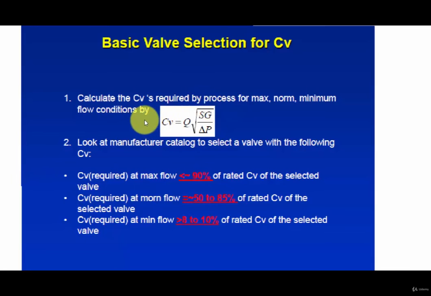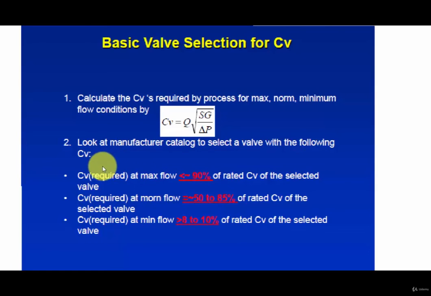Now with these 3 CVs, we should go look at the manufacturer catalog to select a valve with the following CV requirements. So this is in the manual selection. If it is a software selection, it will provide you options of different valves that we will see in the valve sizing operation lecture.